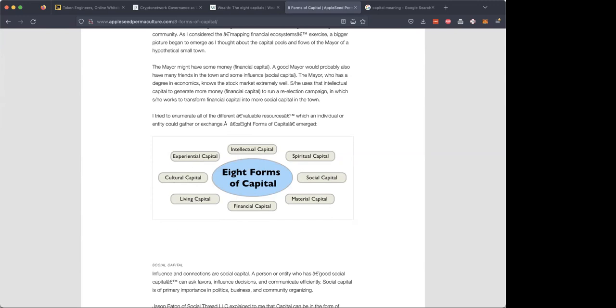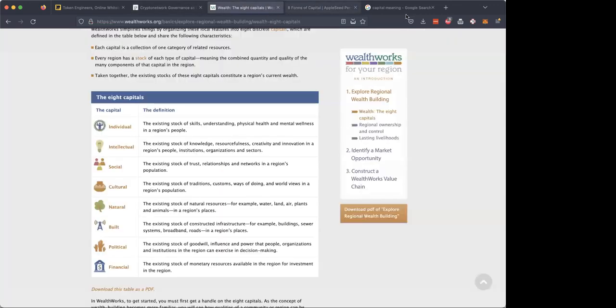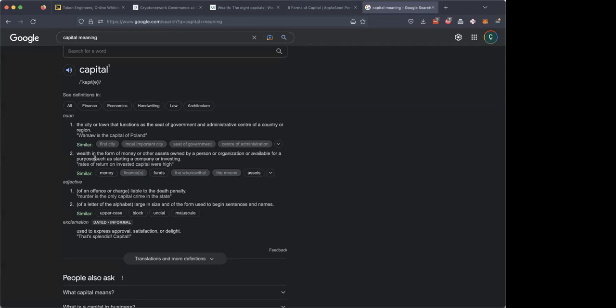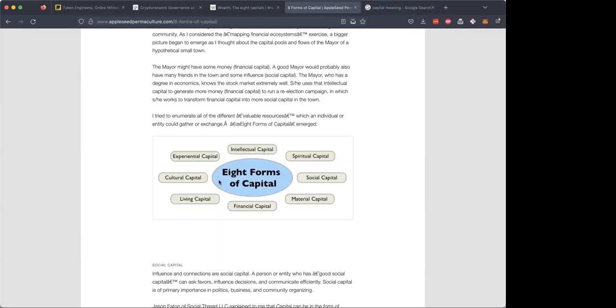This is a more comprehensive idea of what capital is, rather than just wealth or assets. Because all of these can be converted into money in some way, shape or form.